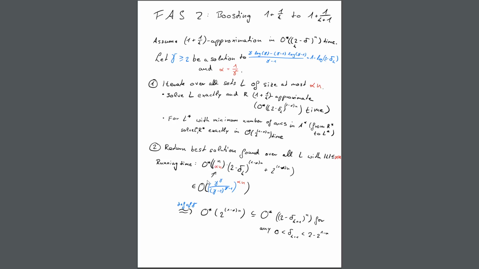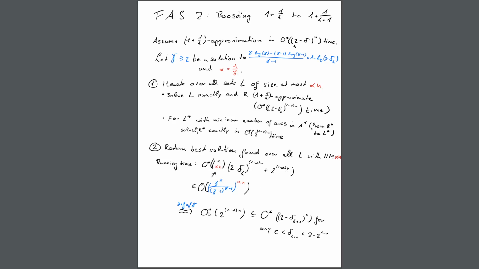So what's the running time? Well, how many choices are there for L? This is roughly n choose alpha n. From the n vertices, we can choose alpha n vertices for L. And this can be analyzed to be this gamma to the gamma divided by gamma minus 1 to the gamma minus 1, and this entire thing to the alpha n. And this is bigger or slower than 2 to the 1 minus alpha n.